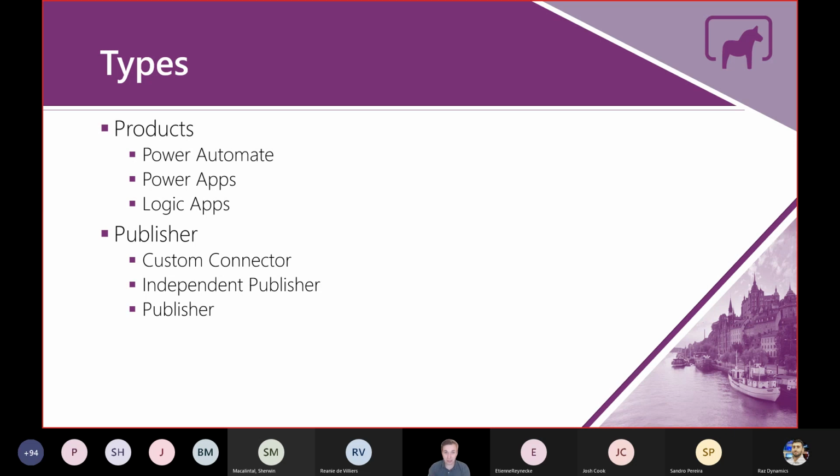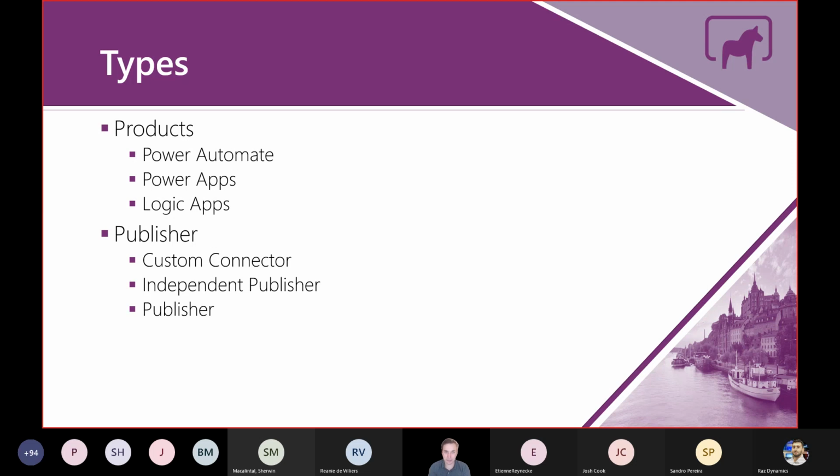But they are not public if you don't have it on GitHub as an open source project, but normally they are not public. But then the other two are publicly available in the custom connector store, where we have like 600 plus custom connectors at the moment.